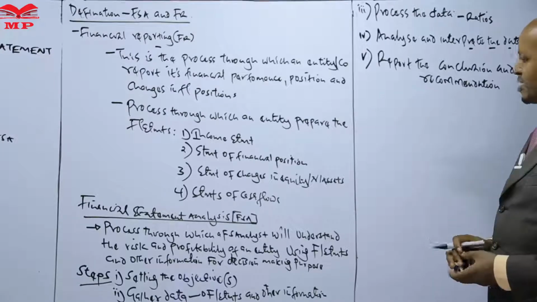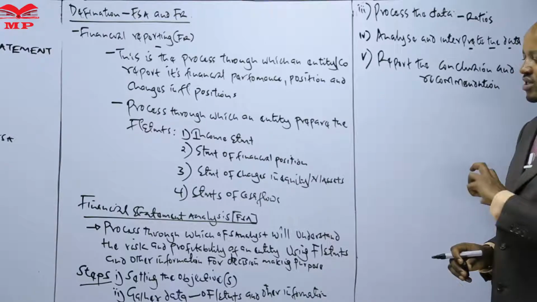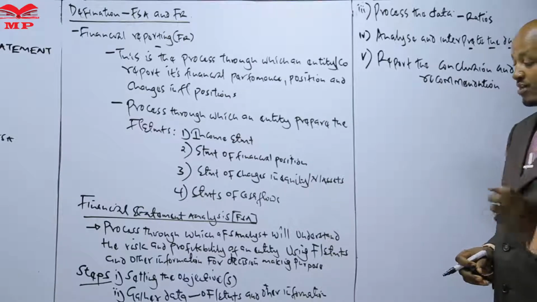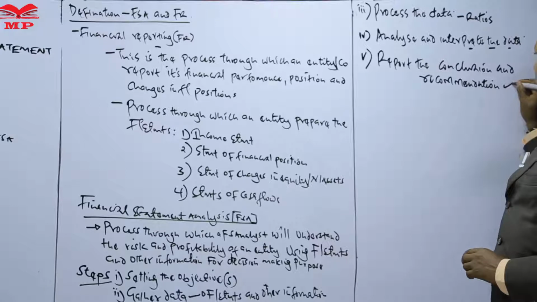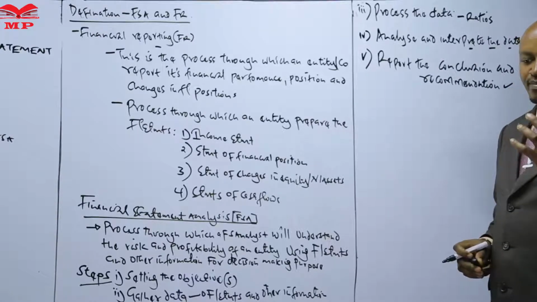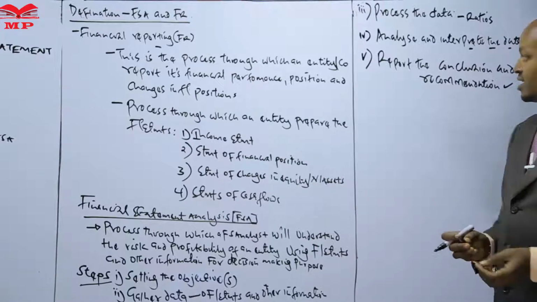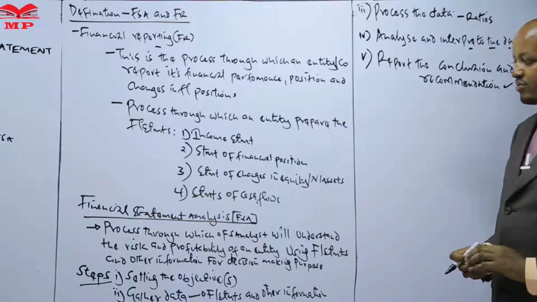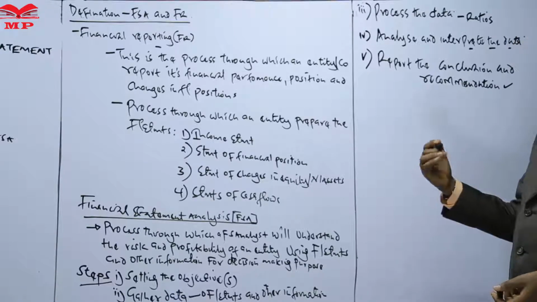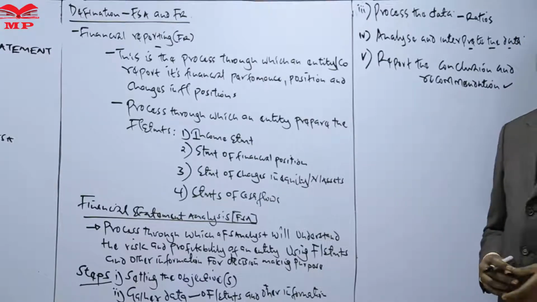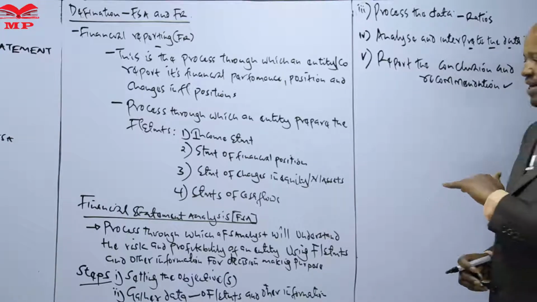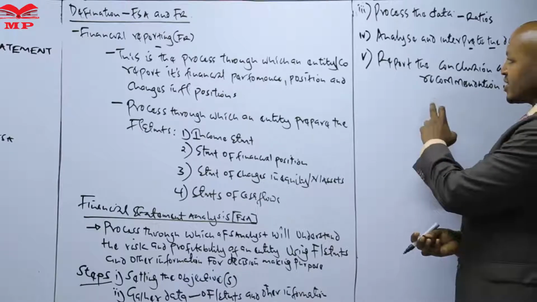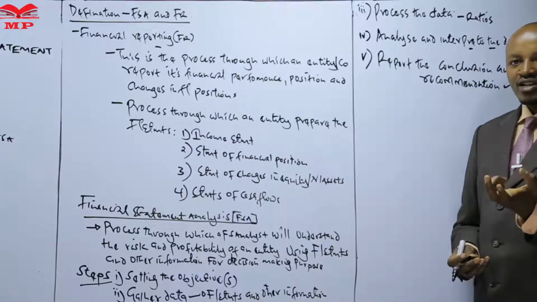In this step, because in most cases the analyst will be doing that on behalf of another person, for example a potential investor, he will be required to report to such a person, on whose behalf the analysis was done, what his conclusion is, and he can also give a recommendation. For example, if the analyst was requested by a potential investor to analyze a certain company, then he will be giving his conclusion.